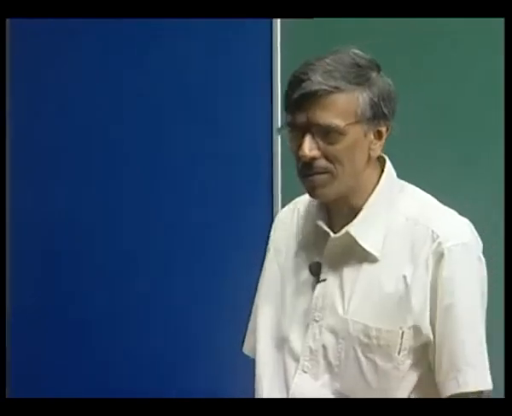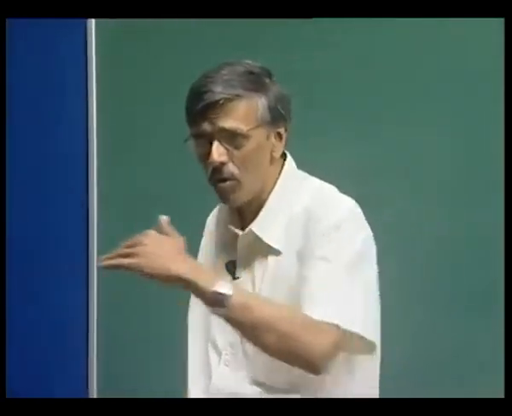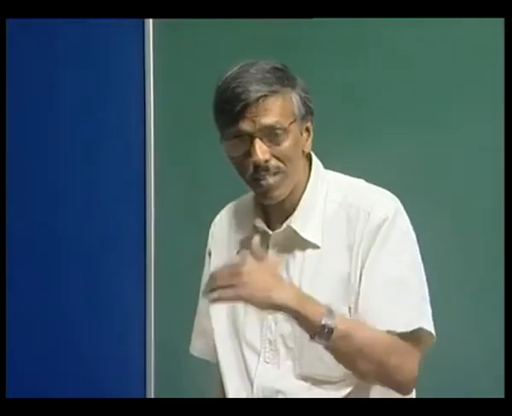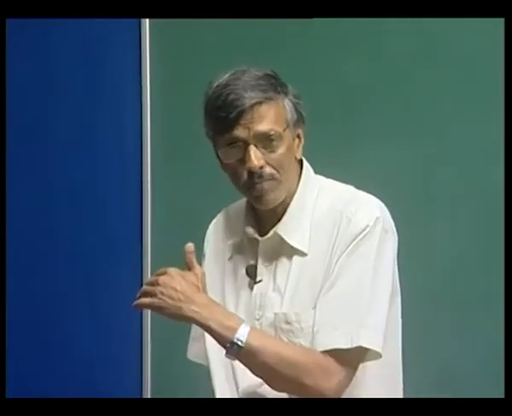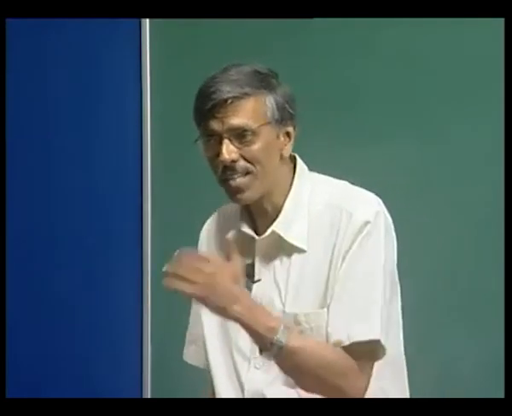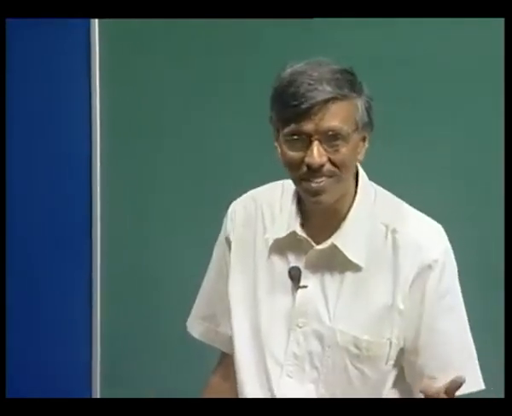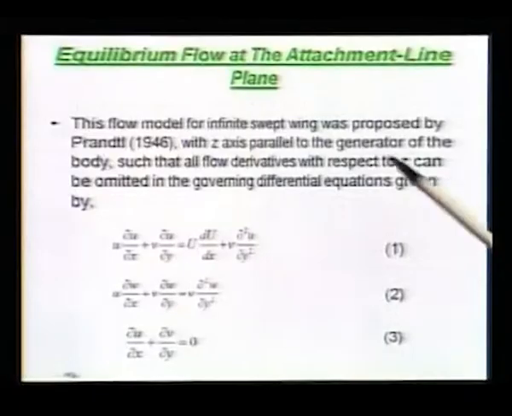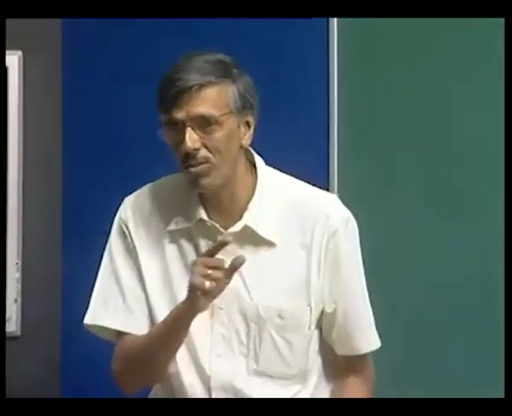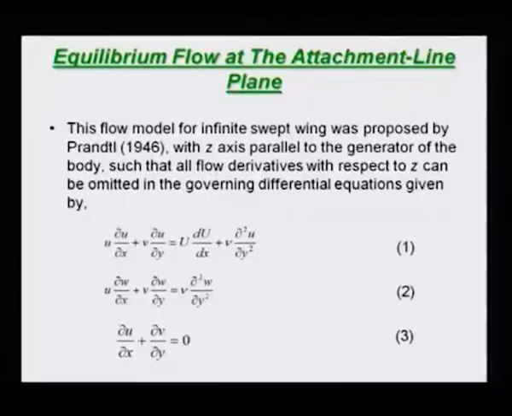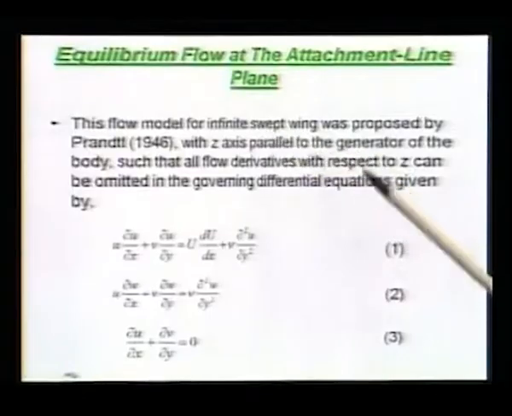So, that means what? You still have a flow in the geometric perspective in the z direction, but the variation with z is 0. That is your meaning of infinite swept wing. So, you will have a z component of the velocity, but the derivative with respect to z will all go to 0. So, that is your infinite swept wing assumption.